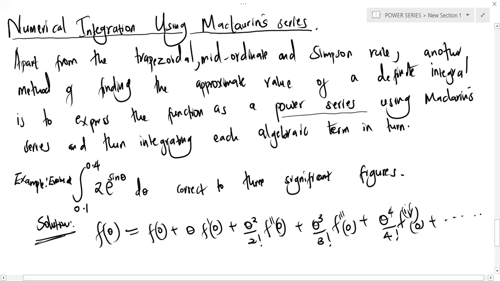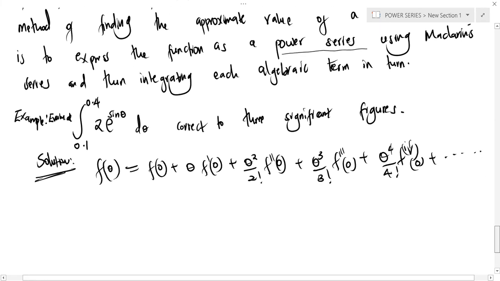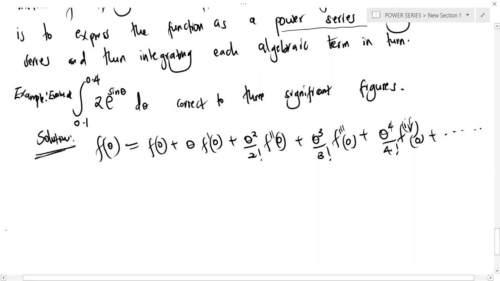Now, our f theta here is basically the function that we want to write its power series. So in this case, our f theta is equal to exponential sine theta. The 2, we can take it outside the integral sign. We will use it later.